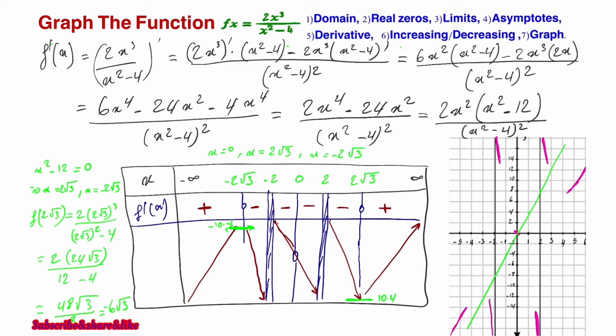So what we understand here is that the graph is going to come to this point here and go back. It will do something like this and go back, and here same thing, it comes to 10.4, does this and goes back, and from here it is going to do something like that.